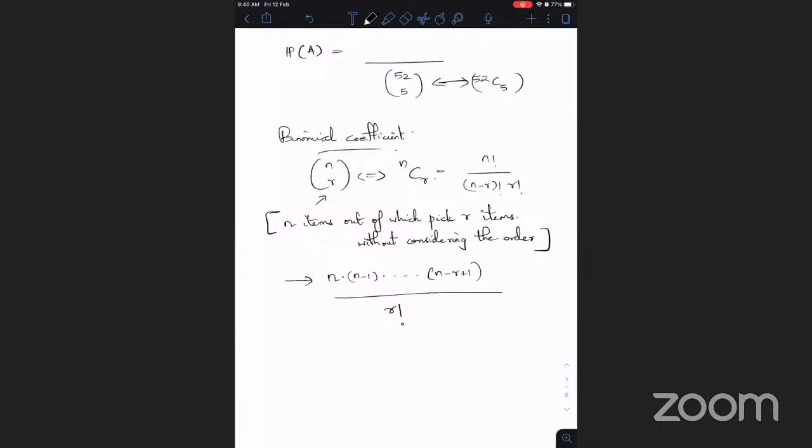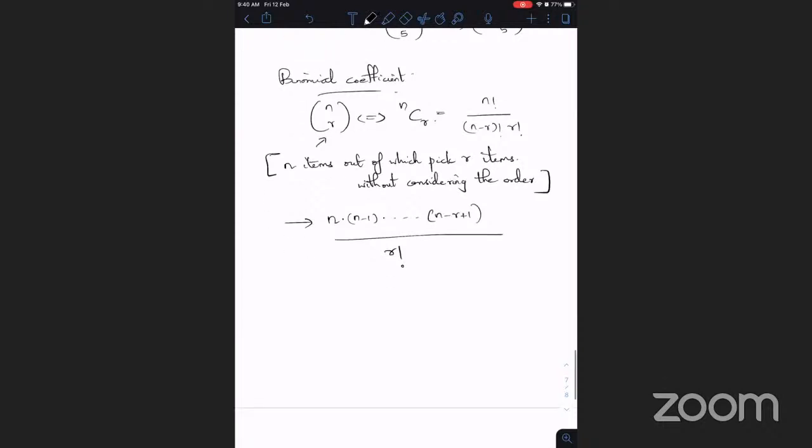You divide it by r factorial, because we are overcounting r factorial times. For example, say you have 1, 2, 3, 4, and 5. These are the particular r elements you picked. There would be r factorial such repetitions, and you just divide the total product by r factorial. Okay, is this clear?